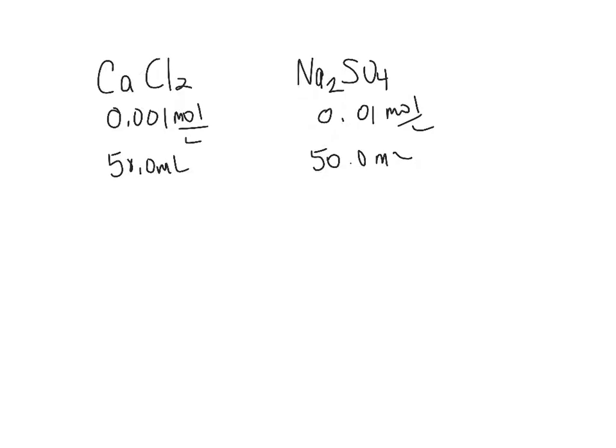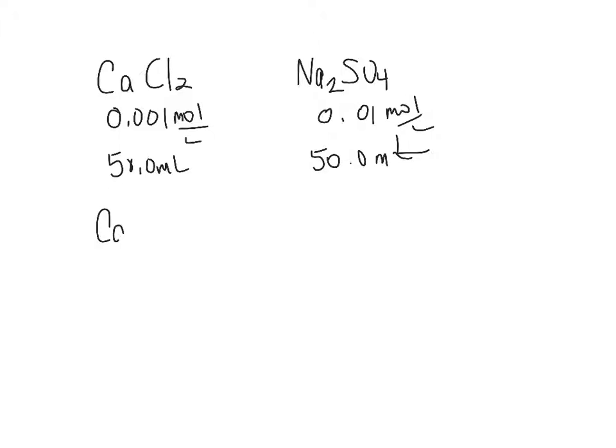So we have these quantities of solutions, and it wants to know, would a precipitate form? So what you have to do is write out your double displacement reaction. These are 2 solutions that we're mixing together.